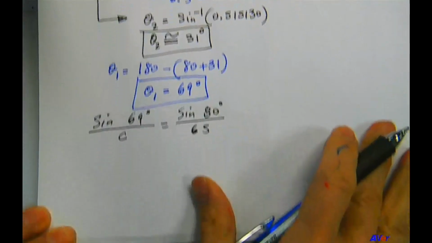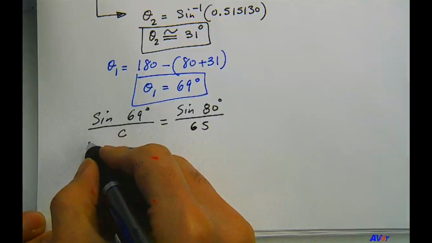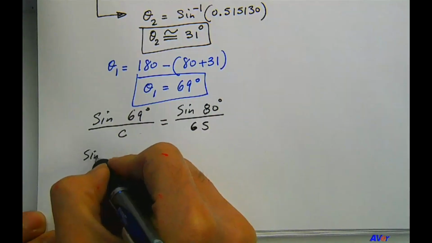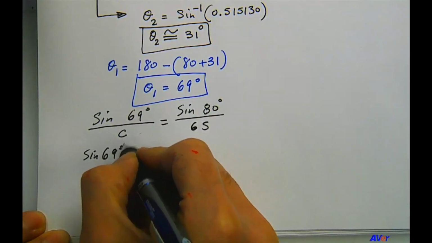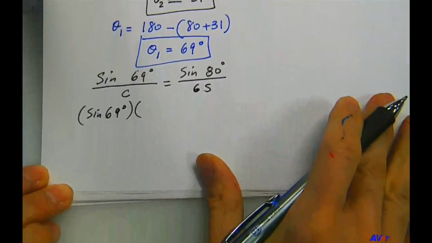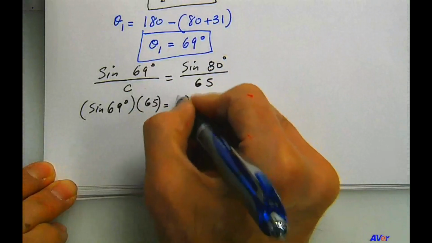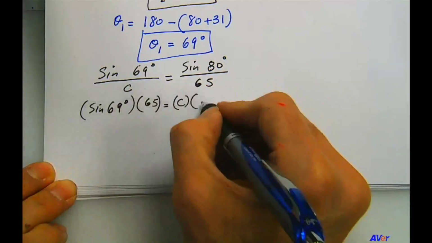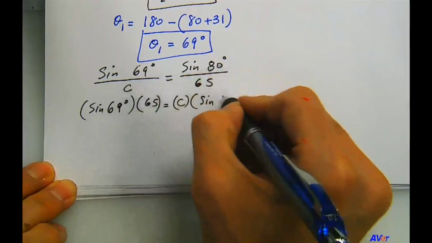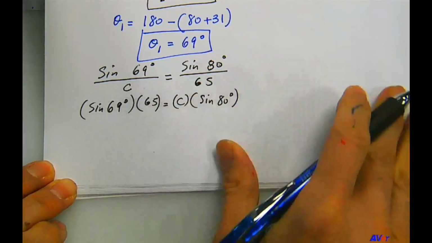So sine of 69 degrees times 6.5 equals C, the length of the missing side, times sine of 80 degrees.